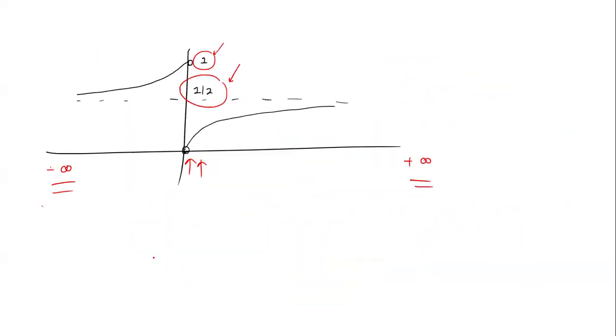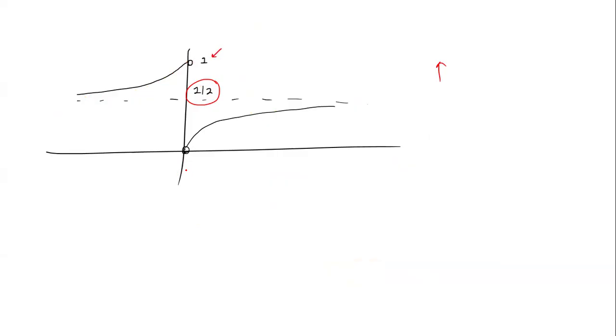So our function will look like this. How did we make this graph? Because we know our function f of x is an increasing function. So for x tending to minus infinity, the function value is half, and this is an increasing function. So the curve looks like this, and this will go up to 1 here.